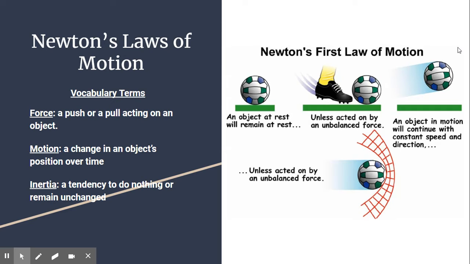That ball is going to remain in motion along its trajectory in a straight line unless a force acts on it, such as the net at the back of the soccer goal. As the ball comes in contact with the net, the net exerts a force on the ball, and that stops the ball's motion.